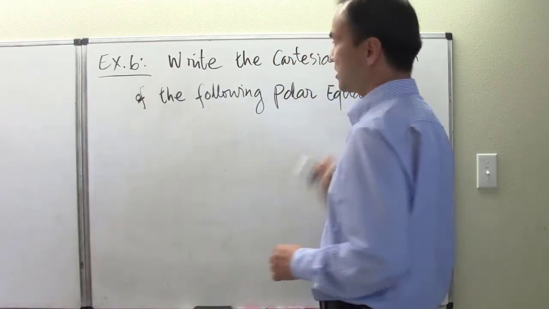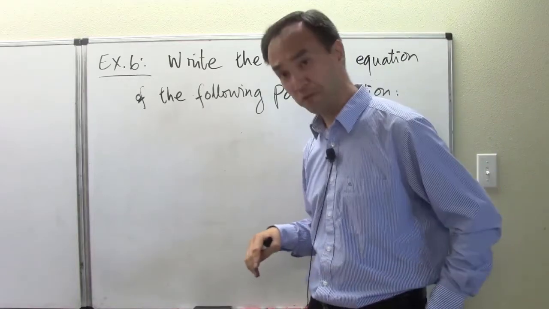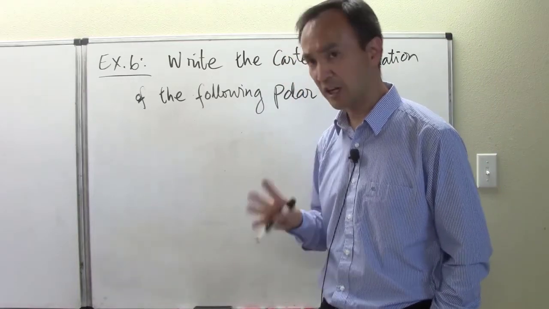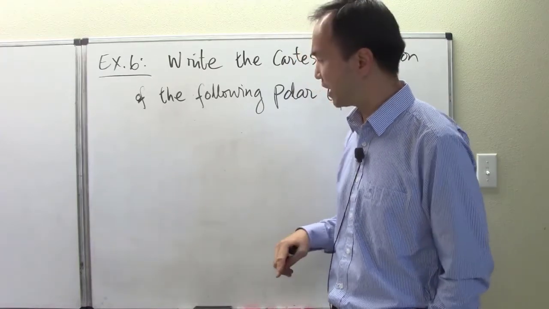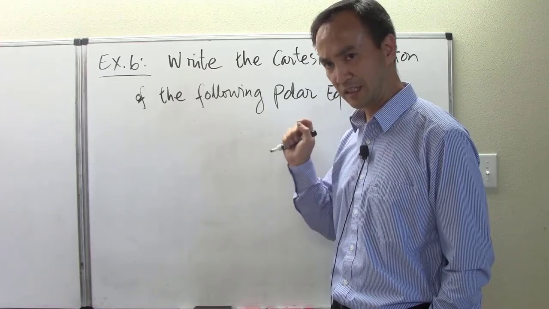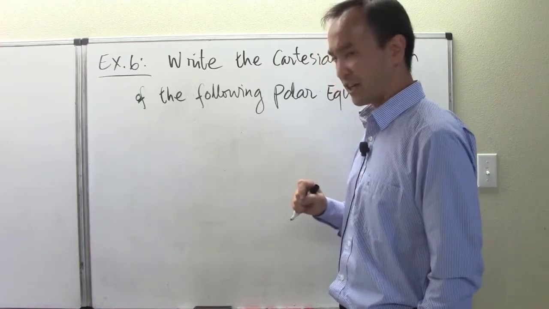In this problem I am going to give you a few polar equations, and for each of these I am going to go through the steps to show you how we can write the given polar equation as a Cartesian equation.